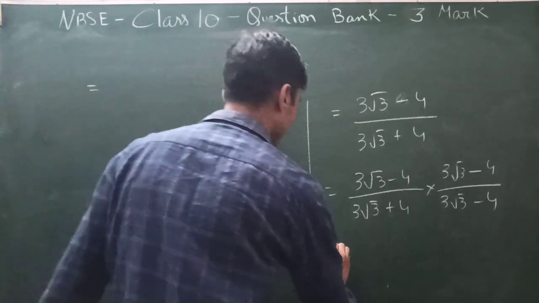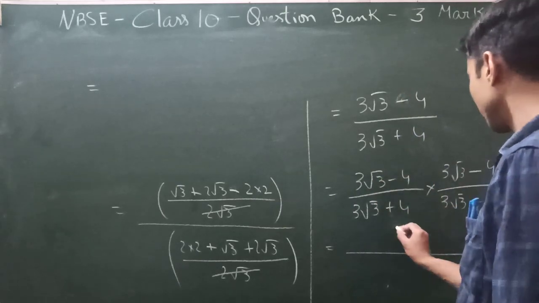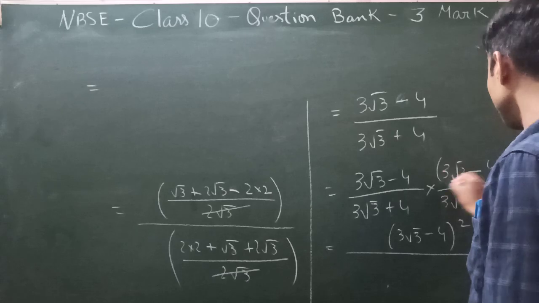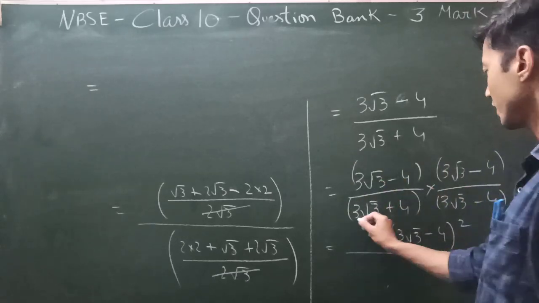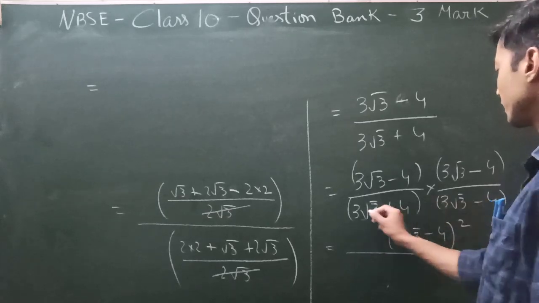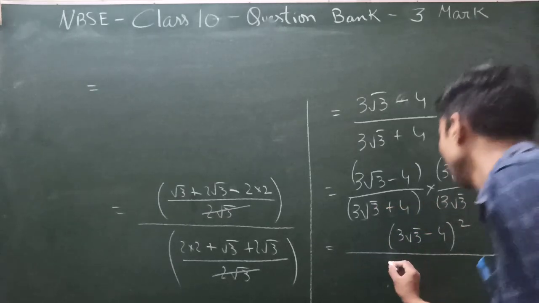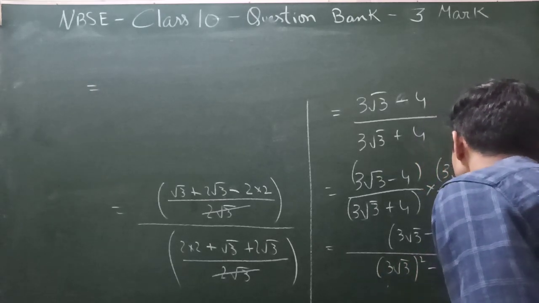So I can still manage here. That's like 3 root 3 minus 4, so that's like 3 root 3 minus 4 whole square. Isn't it the same terms? This is 3 root 3, 4, 3 root 3, 4. So it's like a plus b, a minus b. So the formula is a square minus b square.